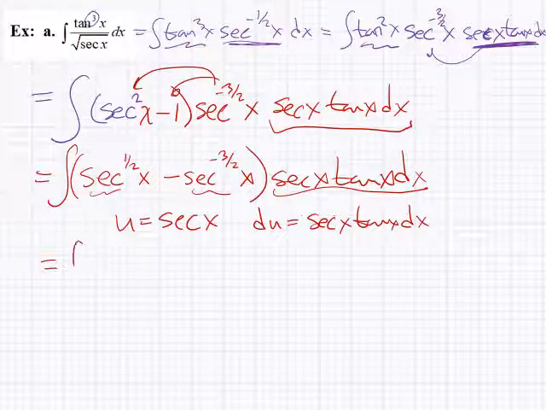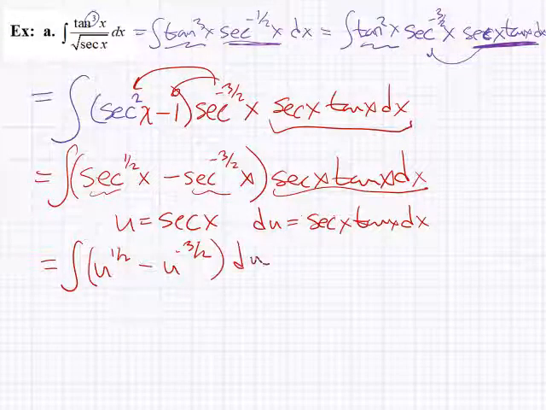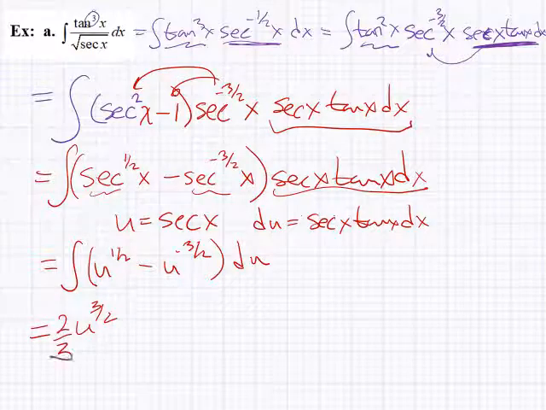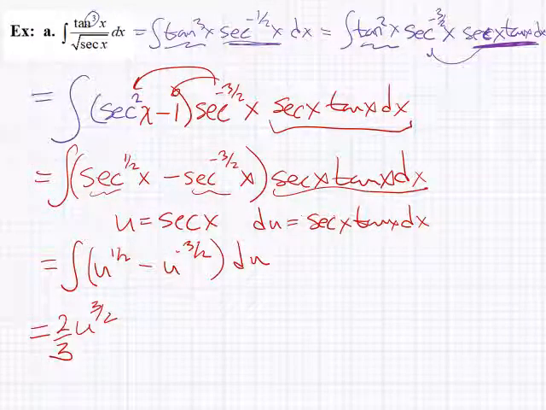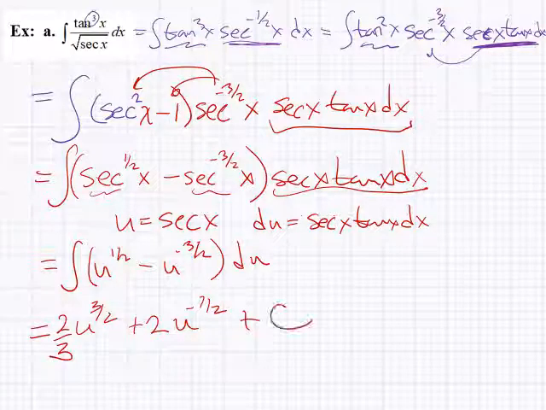And you simply get u to the 1/2 minus u to the negative 3/2 du. So simple power rule integrals. This one will be u to the, add 1, so 3/2, times 2/3. This one will be u to the 1 minus 1/2, so this will be plus 2u to the minus 1/2 plus c.